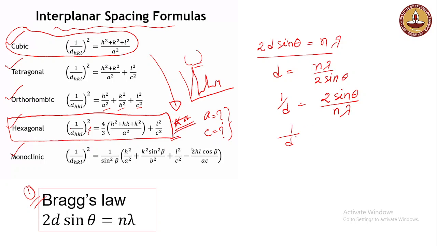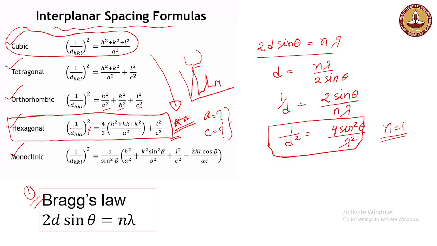Now for 1 by d square, simply square it: 4 sine square theta by lambda square and n square. Now this n is basically an integer number, and in this case we are assuming it as 1, so no need to write this. This is the value we get from Bragg's law.